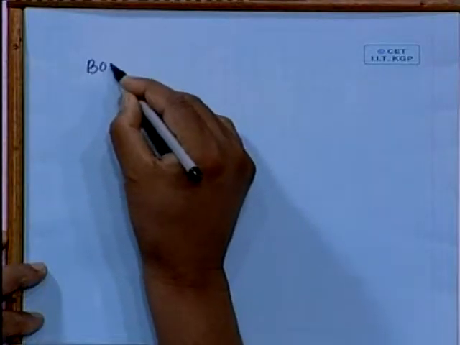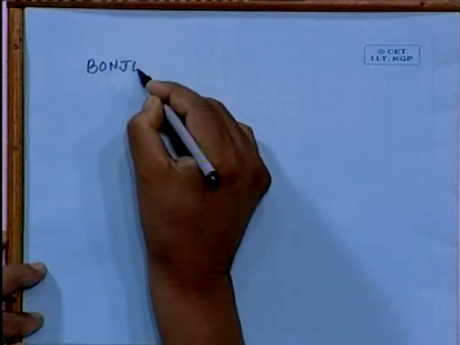Now what we require is to do a set of calculations for any given hull or for any floating object, which we call a set of Bonjean curves and hydrostatics. Okay. Now we will take Bonjeans one by one.